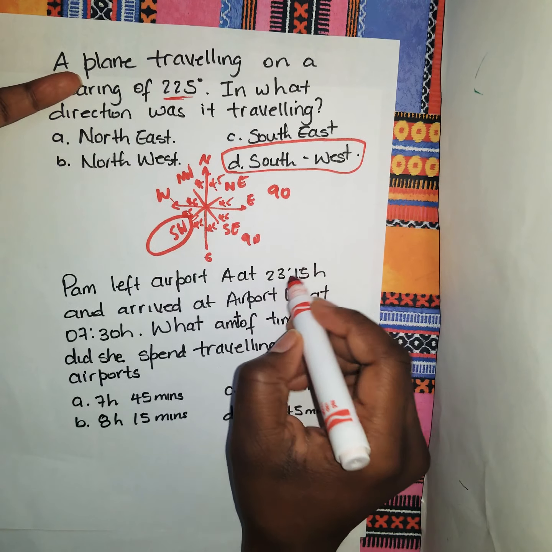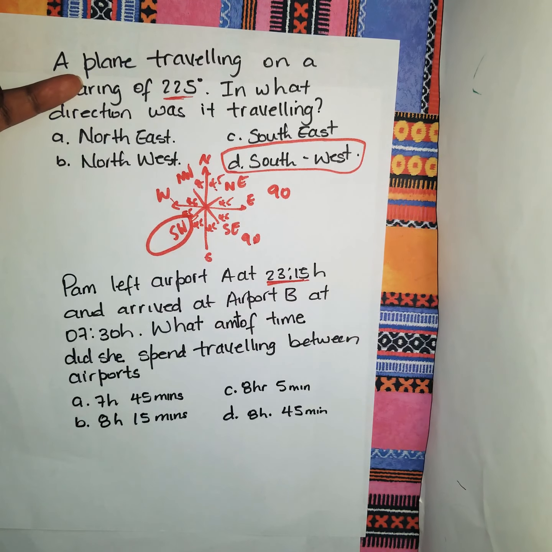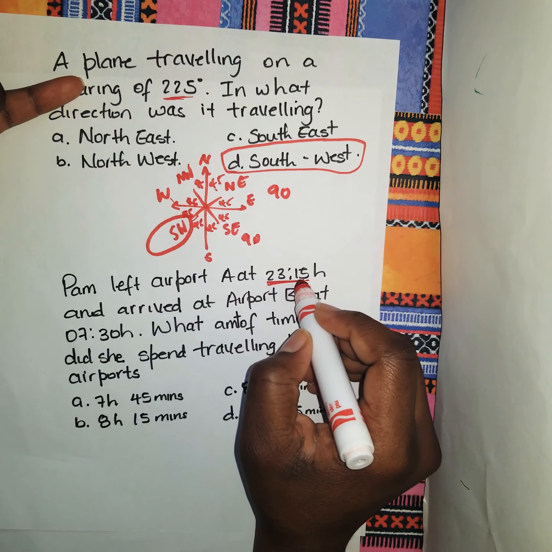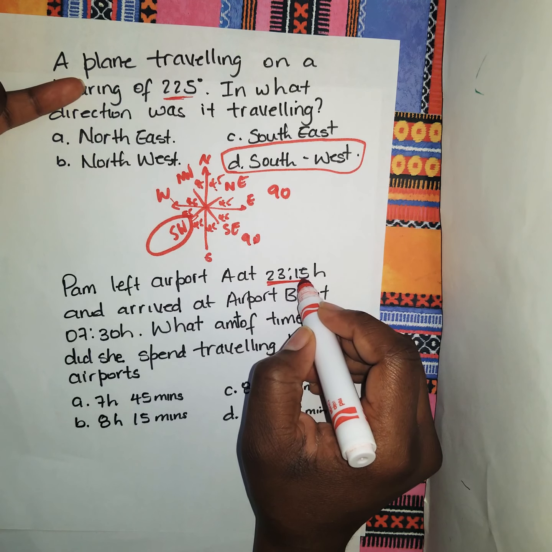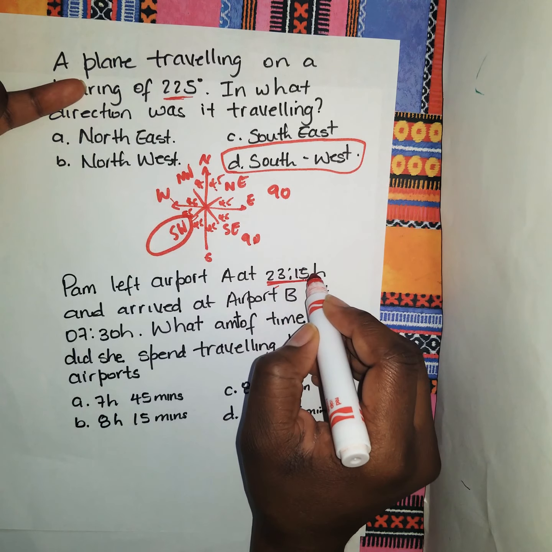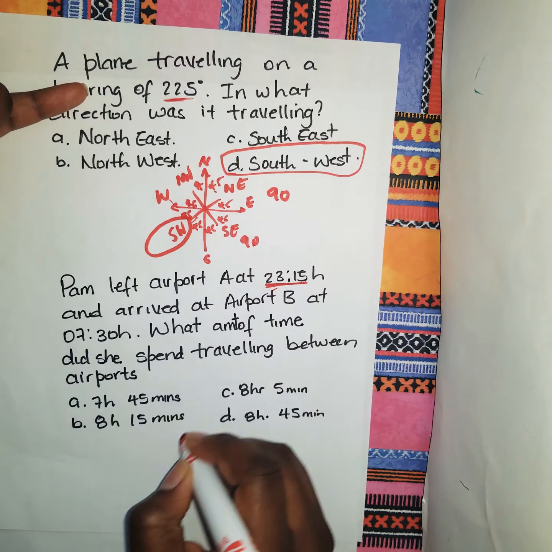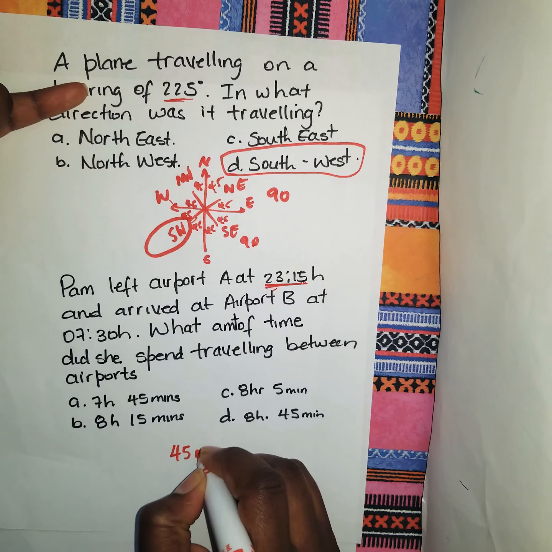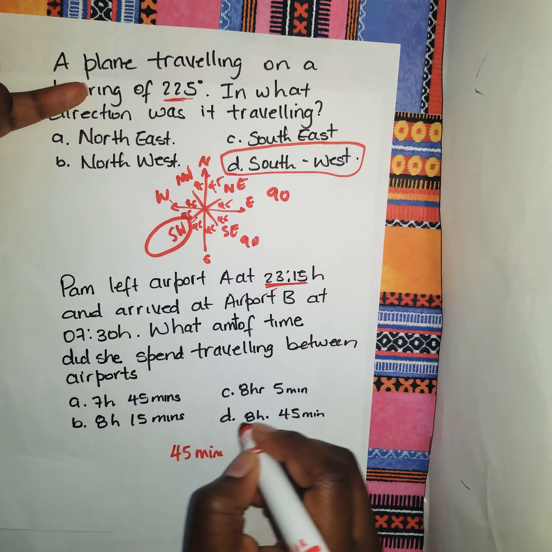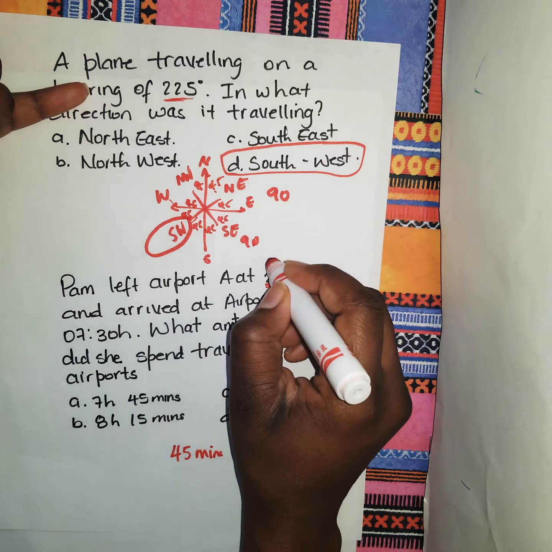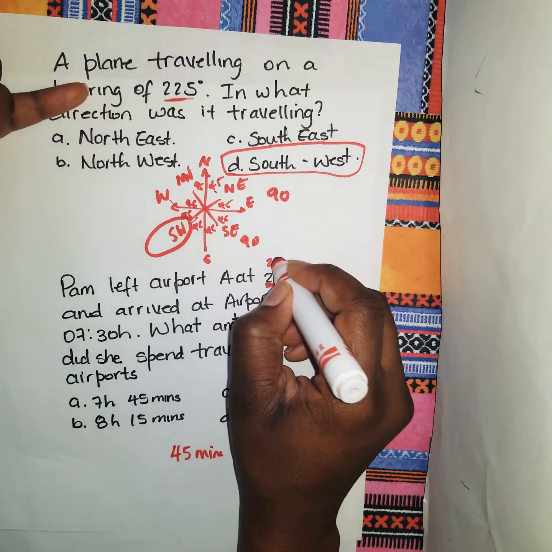For this particular day, she left at 23:15. So we know for this day we'll have 45 minutes remaining in the first day. So how do we get 45? It's 24 hours subtract 23:15 to leave us with 45 minutes.